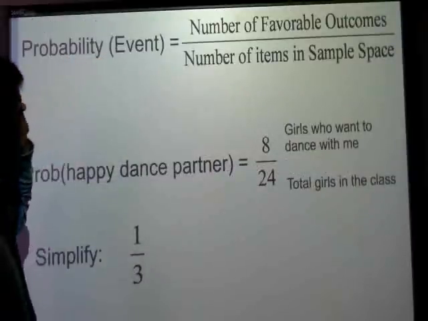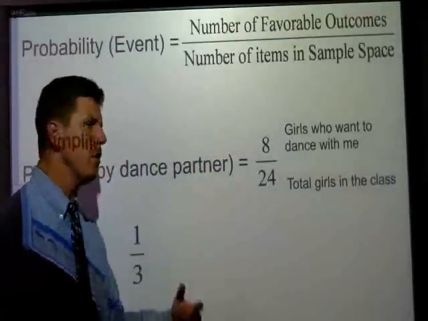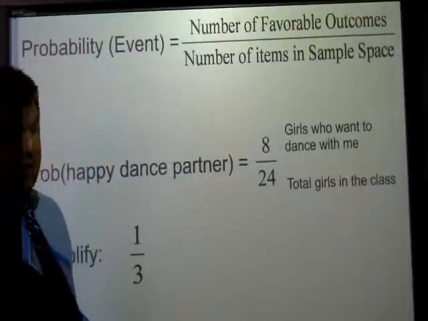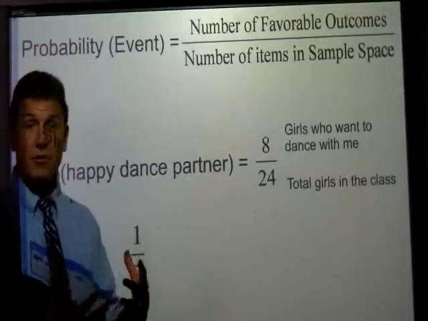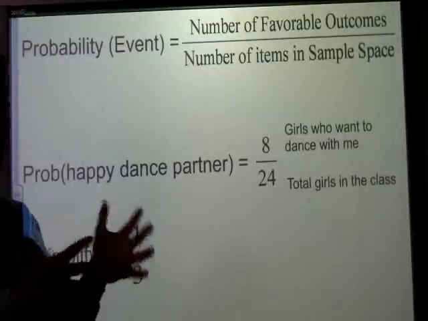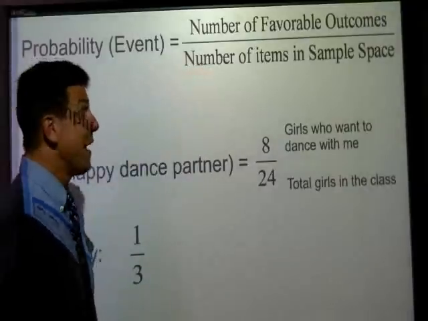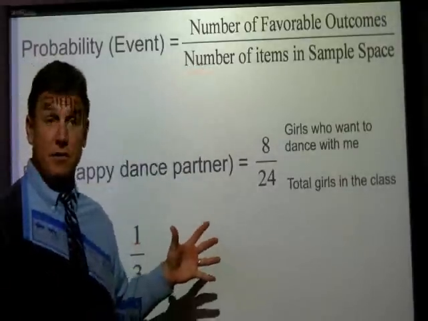So the probability of an event is defined as the number of favorable outcomes, meaning what you want to happen. In this case, I want one of those girls that does not already have a boyfriend and does not already not want to be with me, divided by the total number of items in the sample space, which is all the girls in the class.